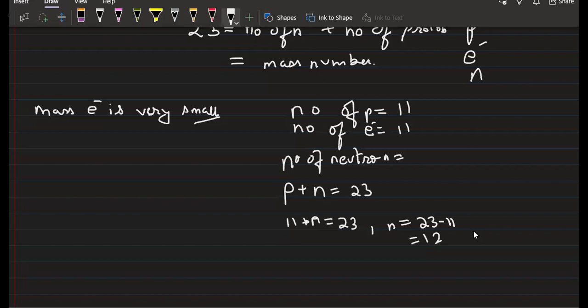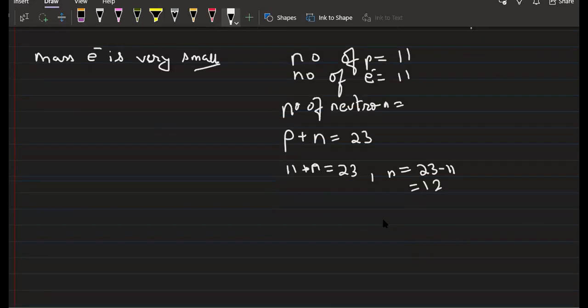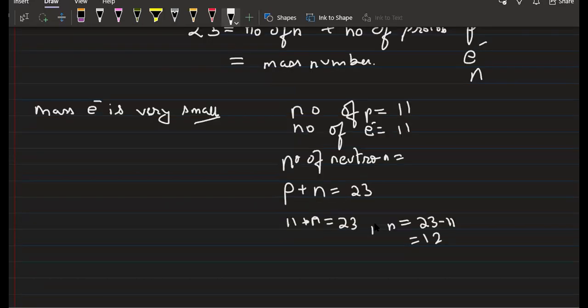So that's what I said, that the only subatomic particle which should be different for atoms of different elements is your atomic number, or proton. Got it, everyone? Everyone is getting this?